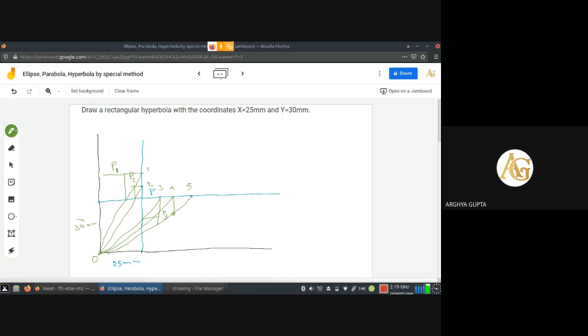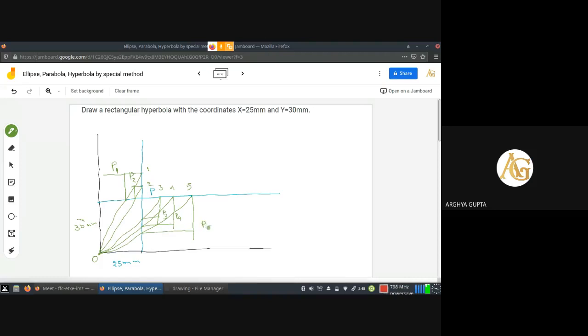From point 4 also, repeat the process. So the 4 line is here, so that will be point 4. Repeat the process for point 5 also. So the intersecting point for 5O with the vertical line is here. So that point will be P5.